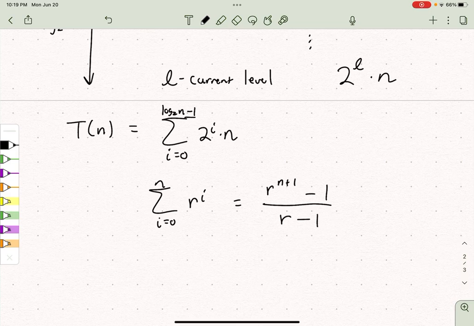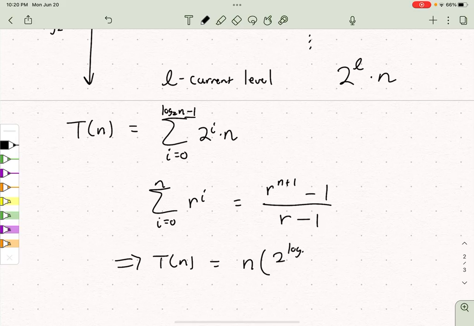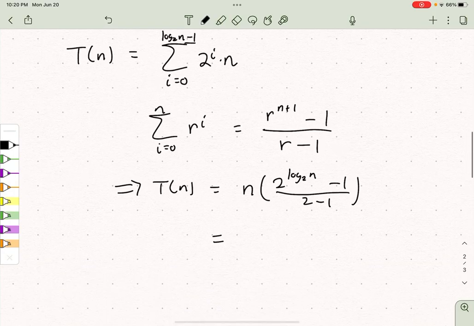So if we plug this in with 2, we get n times 2 to the log base 2 of n minus 1 over 2 minus 1, which is going to be exactly n times n minus 1, which is clearly O of n squared.